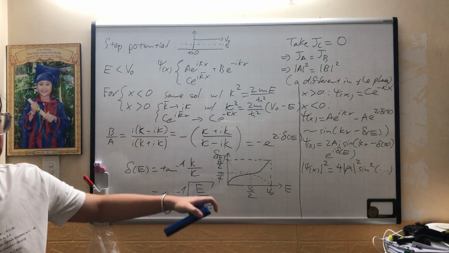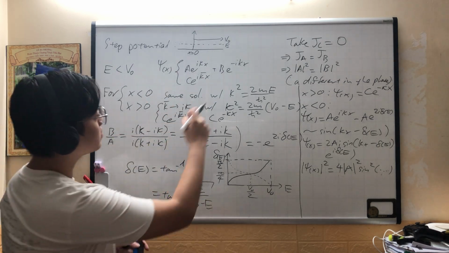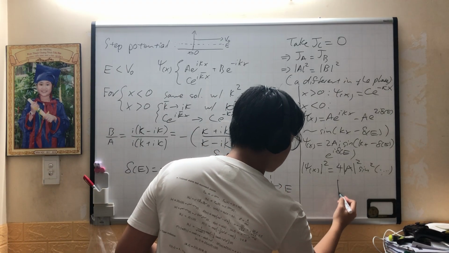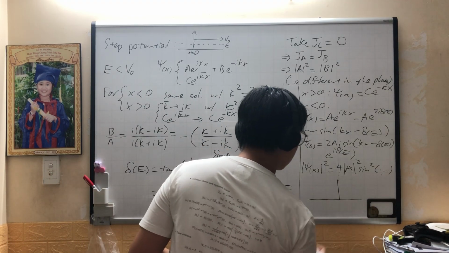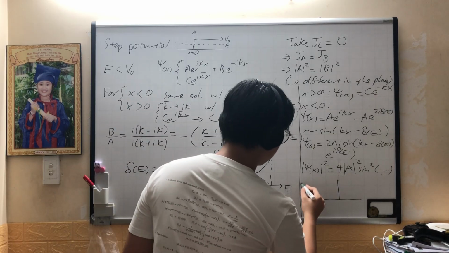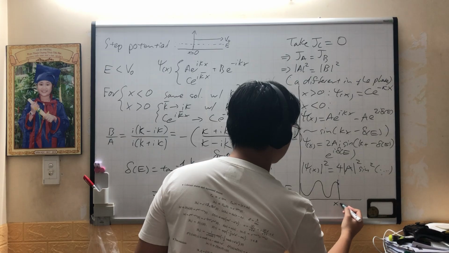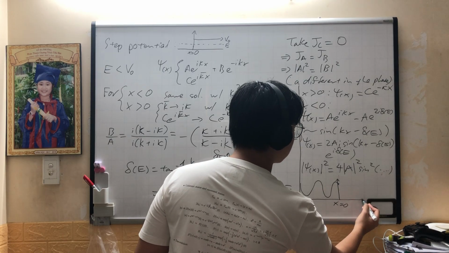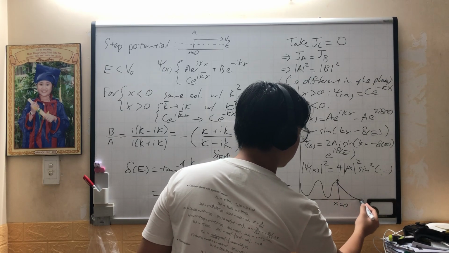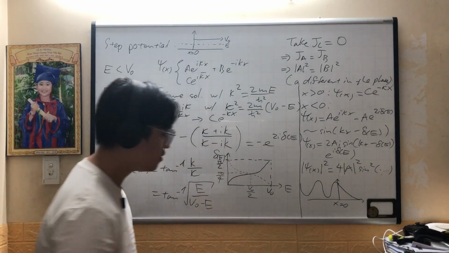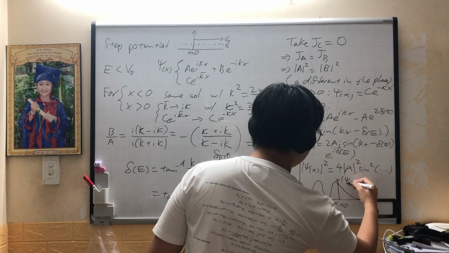So now you can get that your density is going to look something like this. Until this point, x equals 0, it's going to decay. That would be the picture for your probability density.